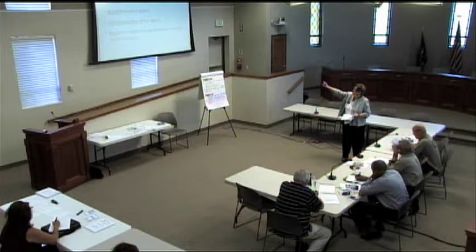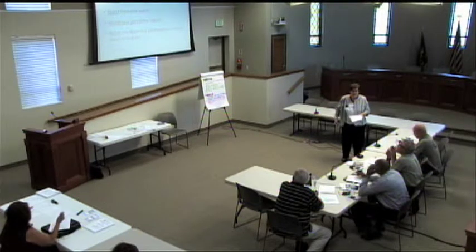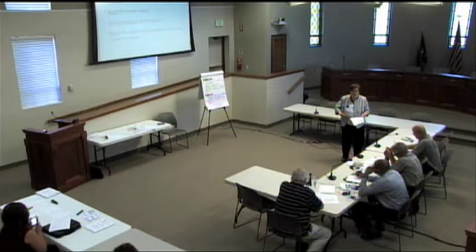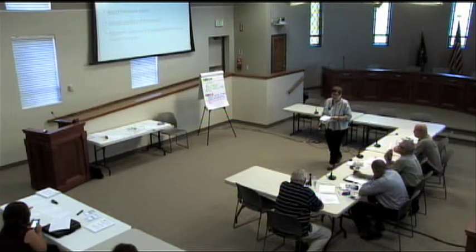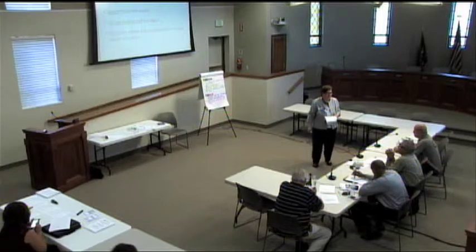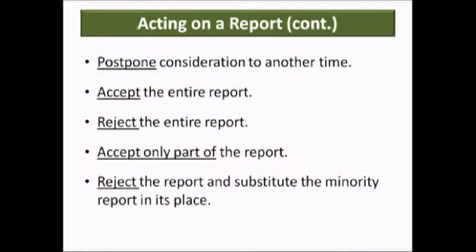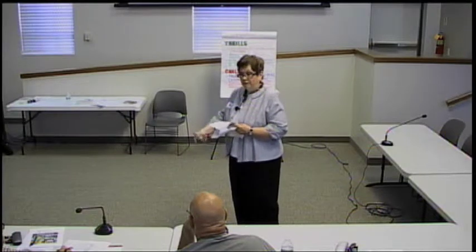I don't see this one very often. That last one about rejecting the report and substituting another one, another minority report, that would have to be a very politically charged situation, and probably a group that's got some extremely tense issues that they're dealing with. So, I mean, the Roberts Rules gives a way to make it happen, but I don't know that I actually see that happening, where they say, we're going to totally reject this group and we're going to substitute this other report in its place, and then they vote on that one instead.